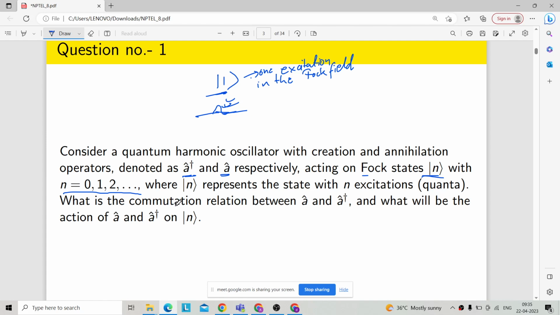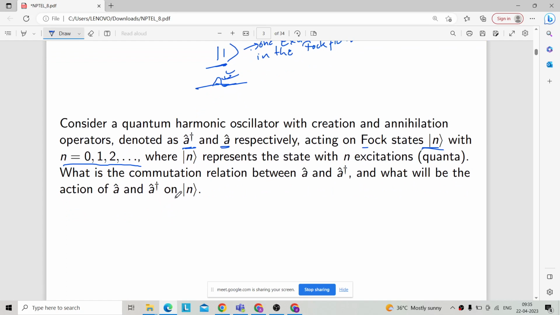So what is the commutation relation between A and A dagger, and what will be the action of A and A dagger on the state n? We are not going to derive anything. I am just going to state the relation. You might know from quantum mechanics that the commutation relation of A and A dagger is 1.